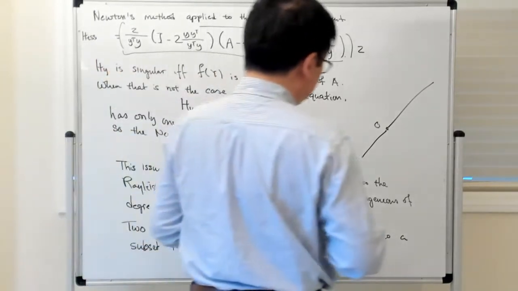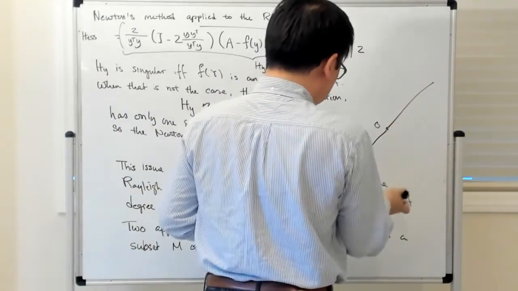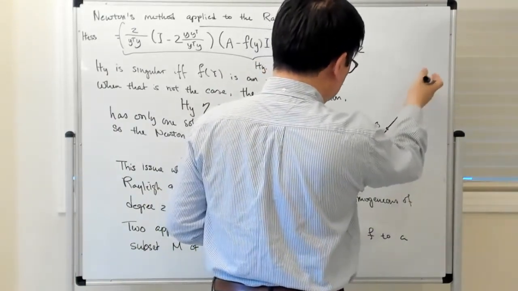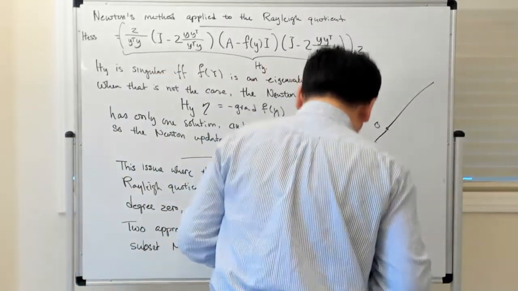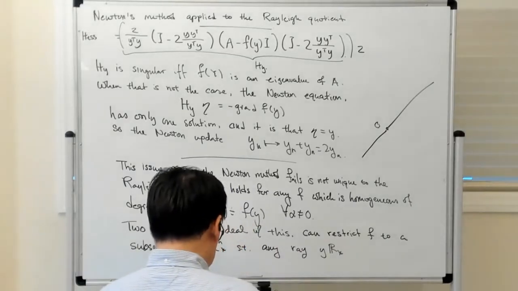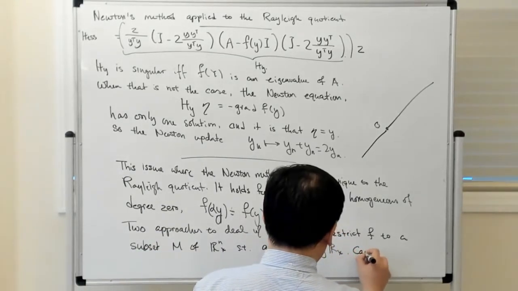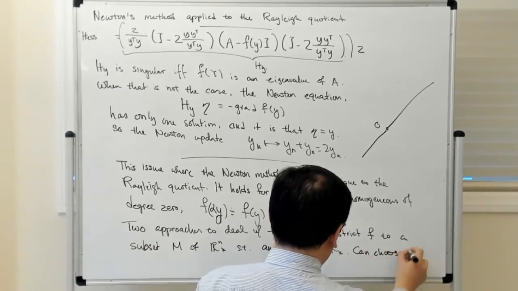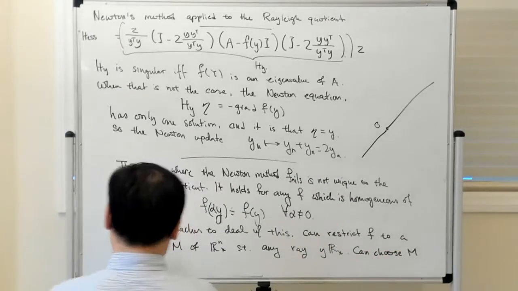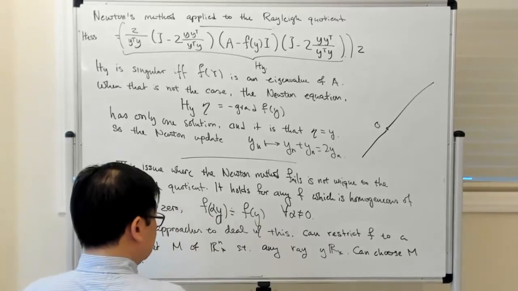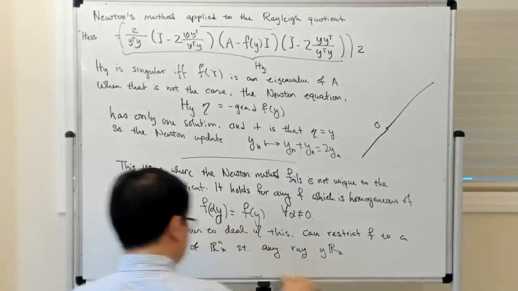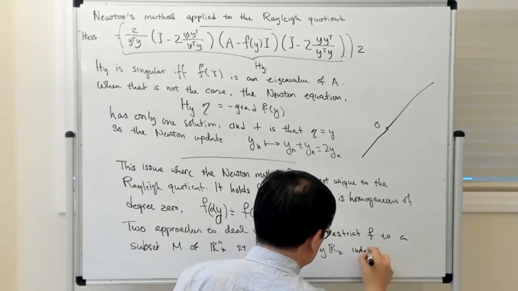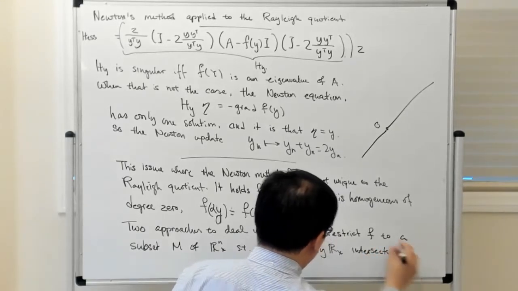So what you can do is choose some subset so that it intersects every ray only a finite number of times. So you can choose M such that any ray intersects M at least once.